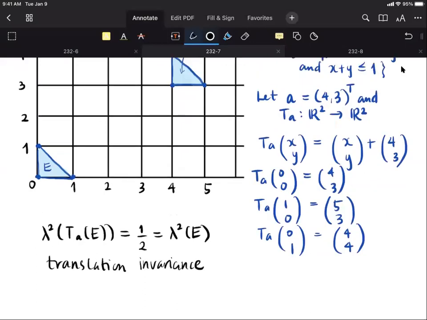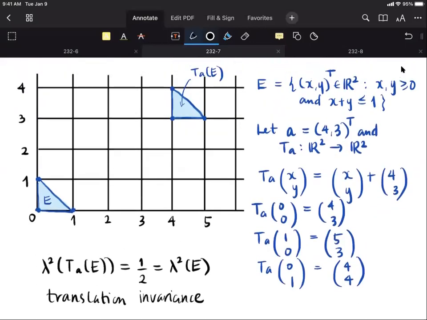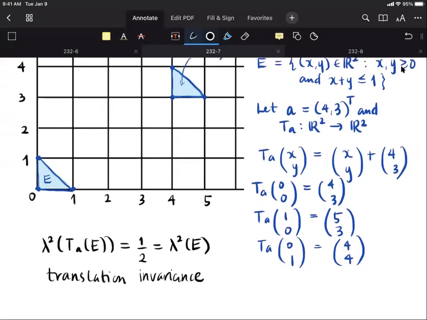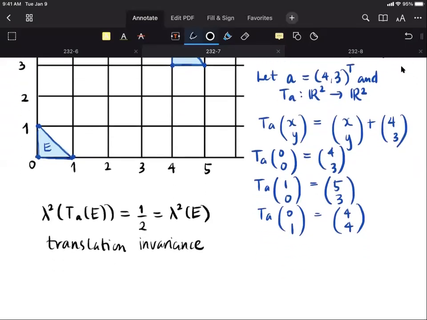So if you translate a Lebesgue measurable set E under the mapping T sub a, you get the same area. So the Lebesgue measure, at least for this triangle, is invariant, or does not change, under translation.